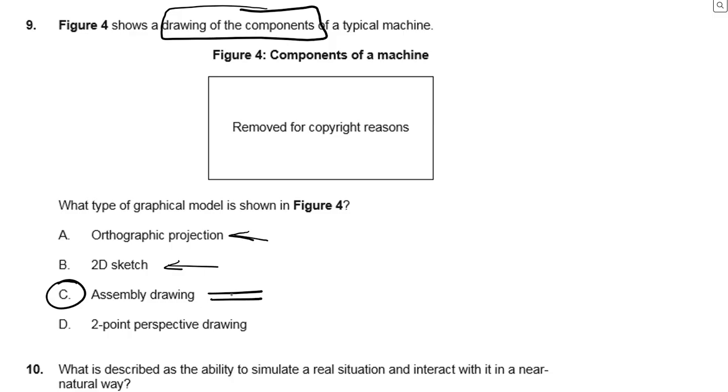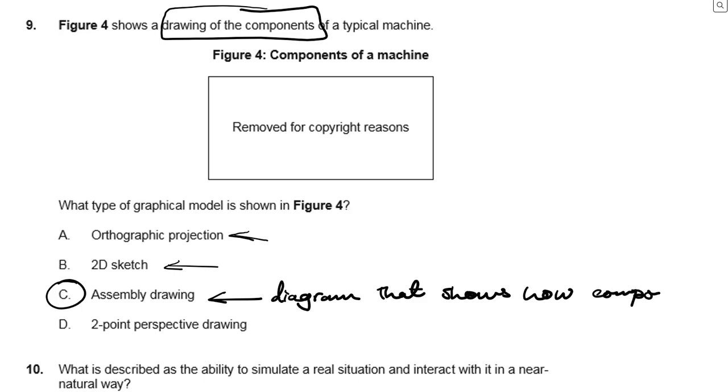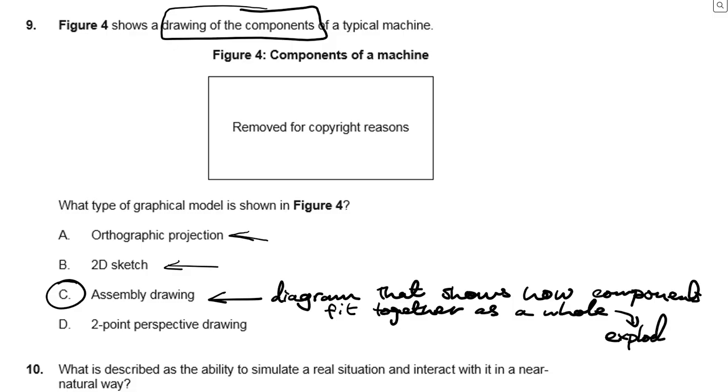An assembly drawing, we can say, is a diagram that shows how these components fit together to make a whole product, and that's usually given in an exploded isometric form.